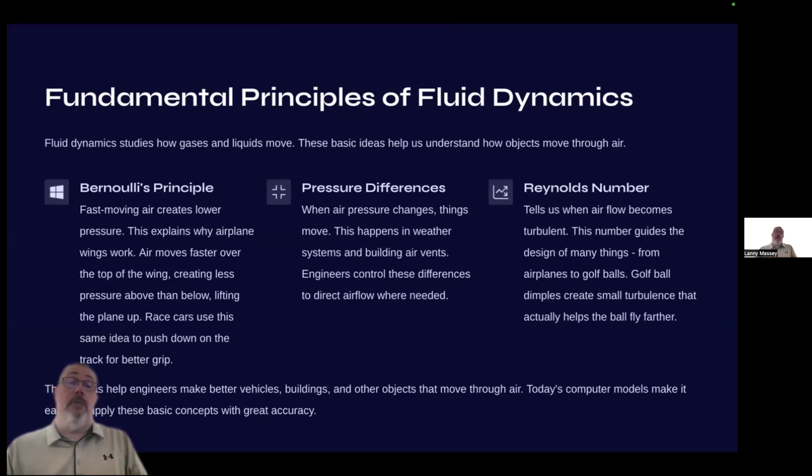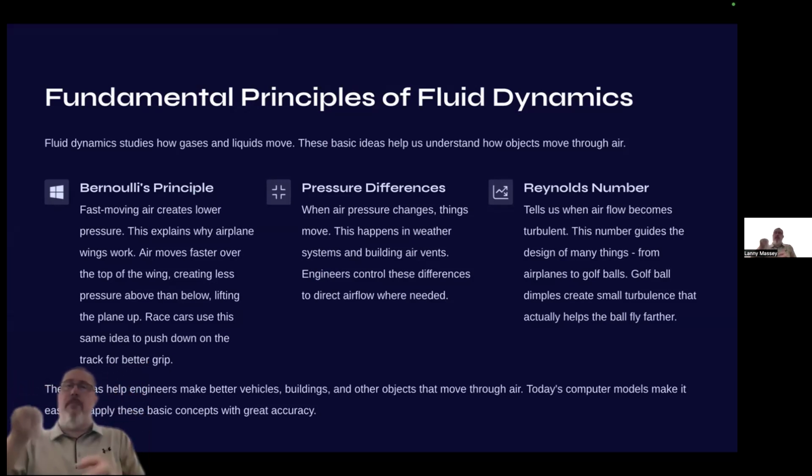With Bernoulli's principle, it explains why an airplane wing works, and it's because the air on top of the airplane wing is moving faster than the air below the airplane wing, which sounds weird because as an airplane flies through the air, the air is moving and getting split on either side of that wing.